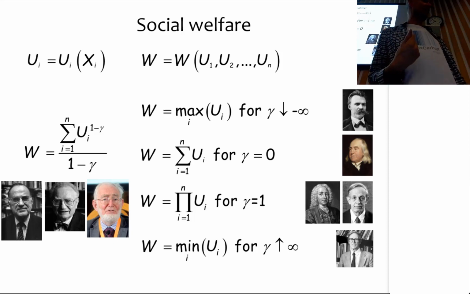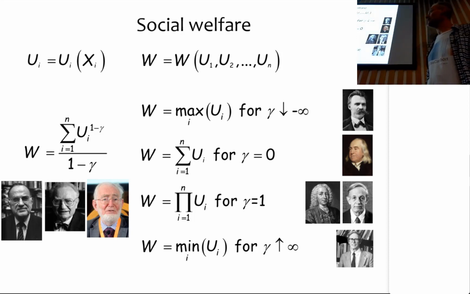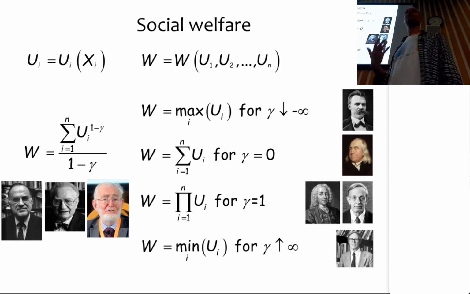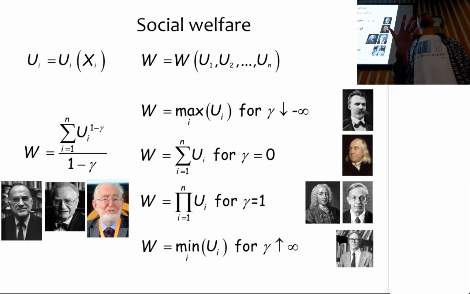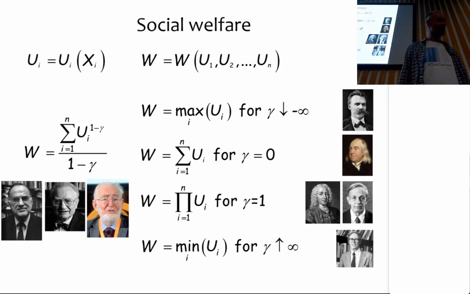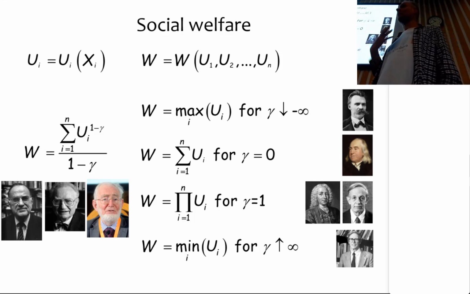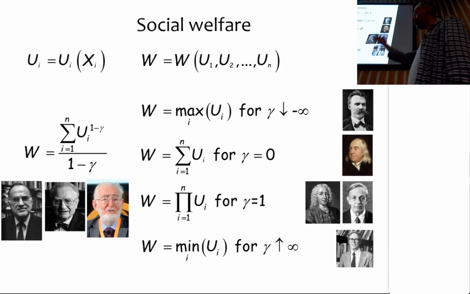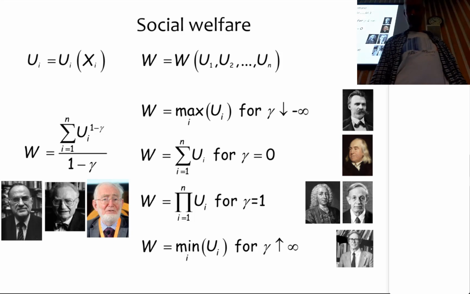And if you play with a gamma parameter there, which is the pure rate of inequality aversion, then you can, at least if gamma is positive, put more emphasis on the least well-off in society, right? That is where I got stuck, and I just posited the existence of a social welfare function, right? Following Bergson, Samuelson, and Atkinson.